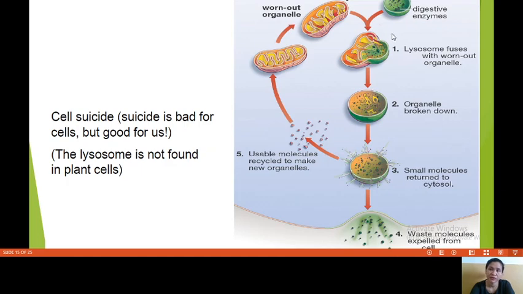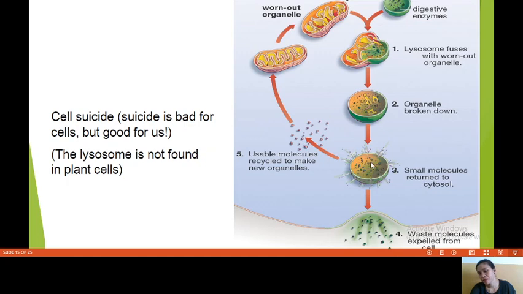First, the lysosome fuses with a worn out organelle. For example, this is the worn out, or tired, organelle. They will digest it, they will eat it. Once inside, the organelle is broken down. Then small molecules, the small nutrients, return to the cytosol.